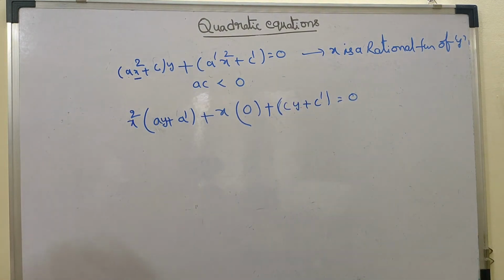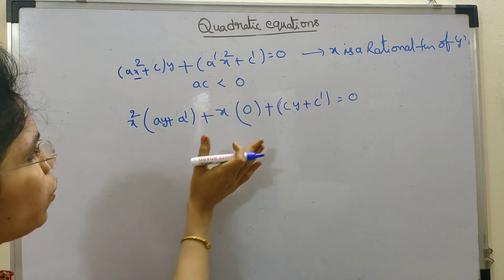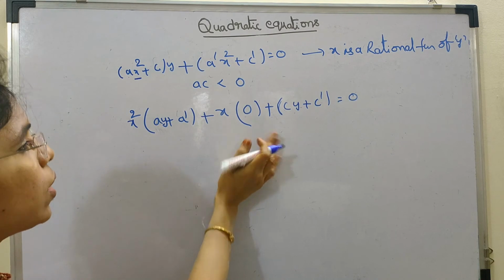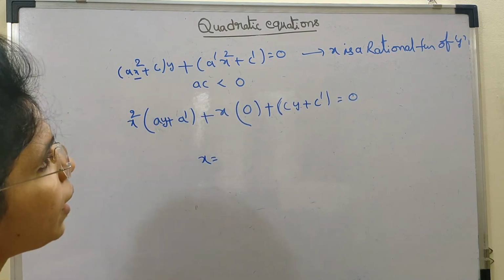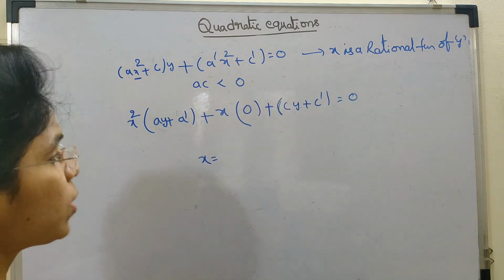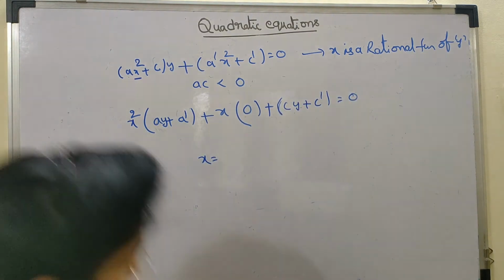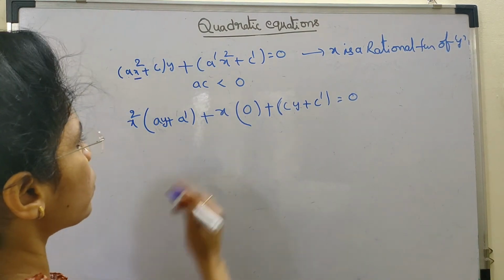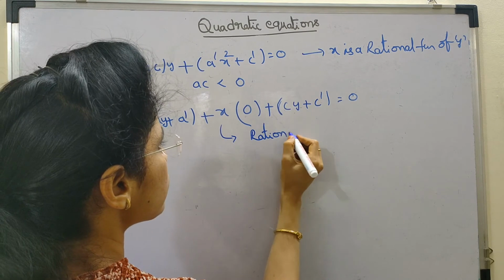This is a quadratic equation in terms of x. If we solve this quadratic equation, you get the values for x. Given that x is a rational function, it means this quadratic equation has rational roots.